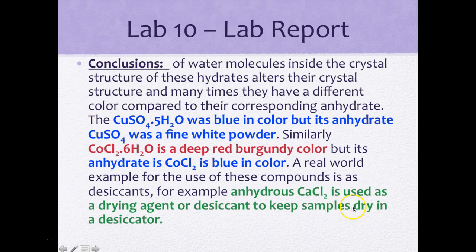This is frequently done in labs, where you want your sample to be very dry and not absorb moisture from the air. So you put it in this special container called a desiccator, and the desiccator has calcium chloride to absorb any moisture and keep the sample dry.